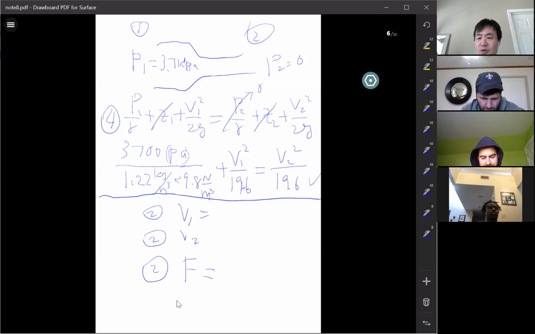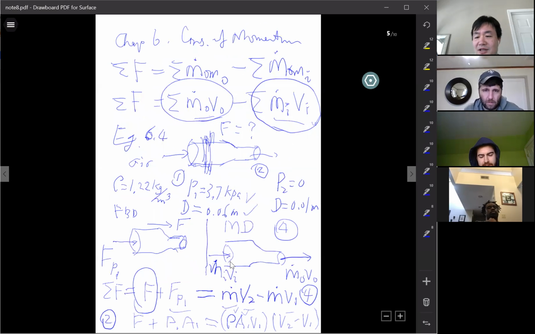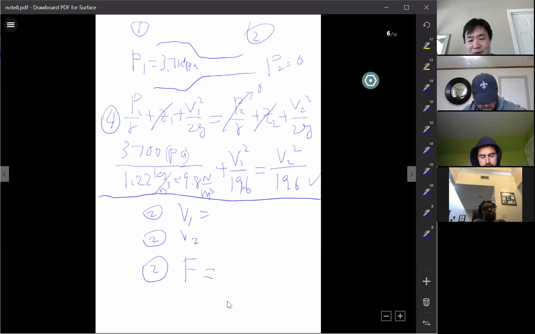So don't worry too much about the detailed calculation, what times what. This 14 points is only 4 lines of writing. A join, 2 lines here, 1 line here, 1 line here. That's engineering writing.